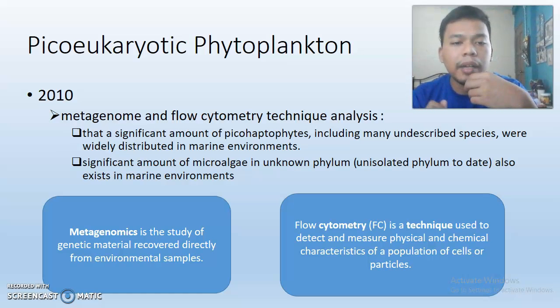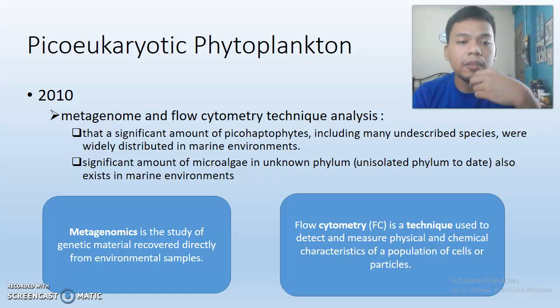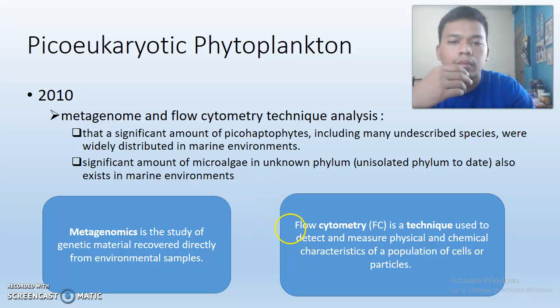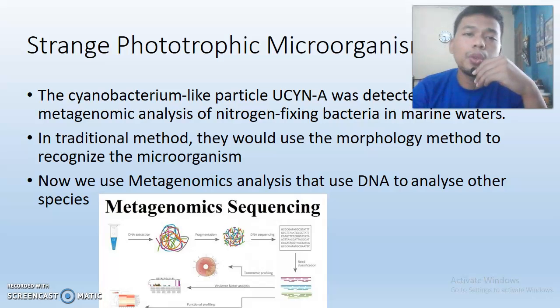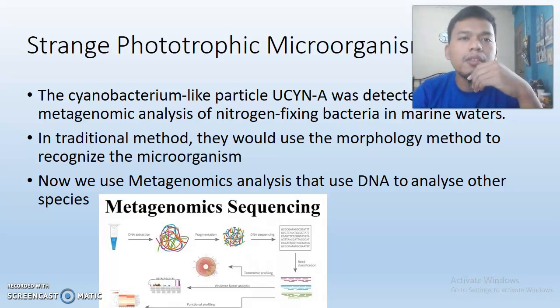What is meant by metagenomes is the study of genetic material recovered directly from environmental samples. Flow cytometry is used to detect and measure physical and chemical characteristics of a population of cells or particles. Many strange phototrophic microorganisms were detected by metagenome analysis.